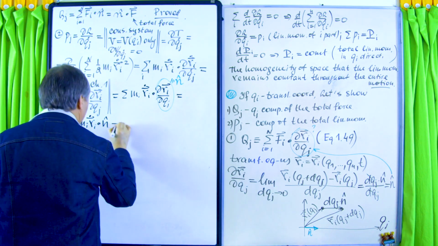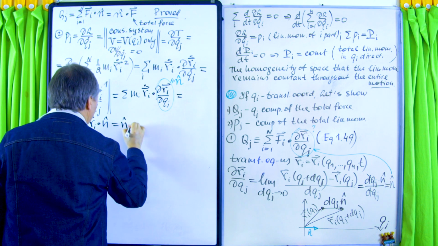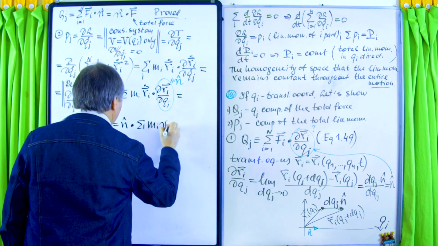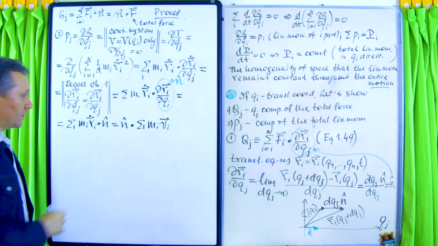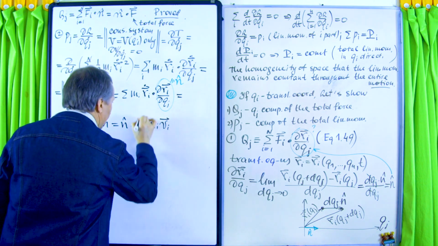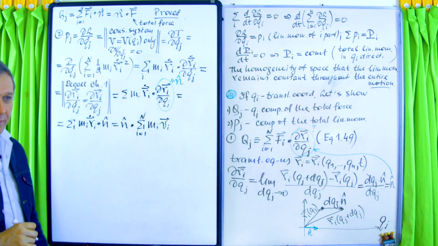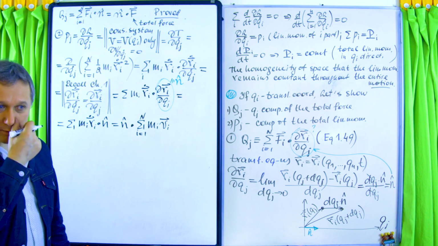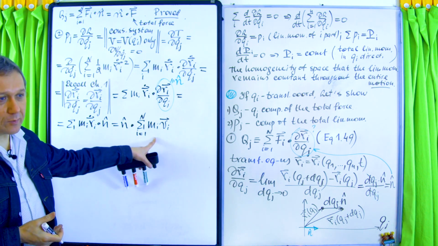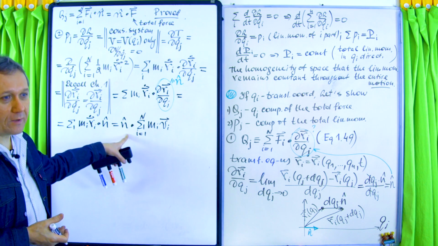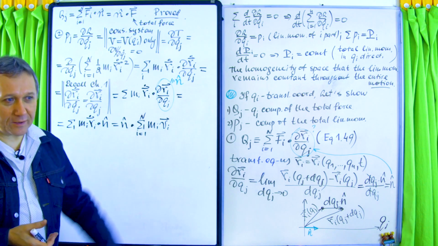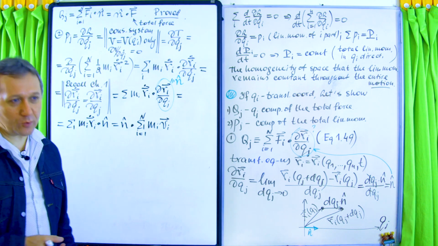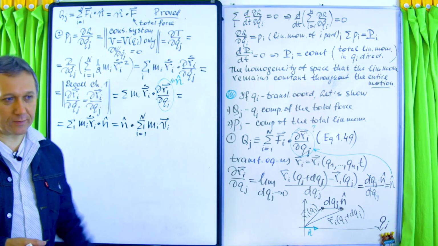So it will be n hat dotted with the summation of m_i v_i, over the whole system from 1 to N particles. Small n is the number of generalized coordinates, but capital N is the number of particles. So obviously the total linear momentum of the system dotted with a unit vector defining a certain direction will give us a component of the total linear momentum along that direction, for example, the x direction.